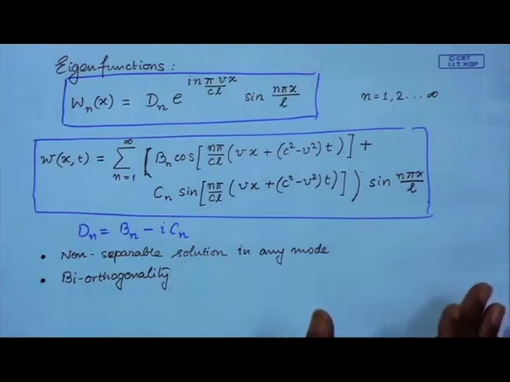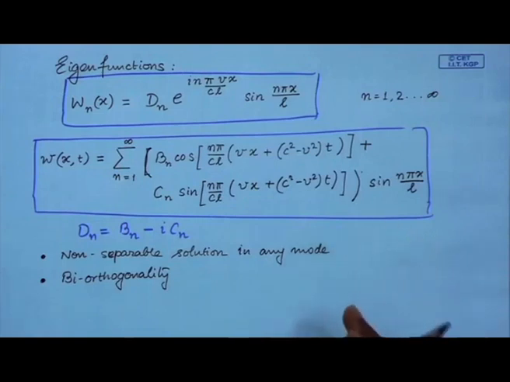Now, we have been using this modal analysis for solving initial value problems, forced vibration problems, damped vibration problems, etc. And in every one of these problems we had to use this orthogonality to solve the system.